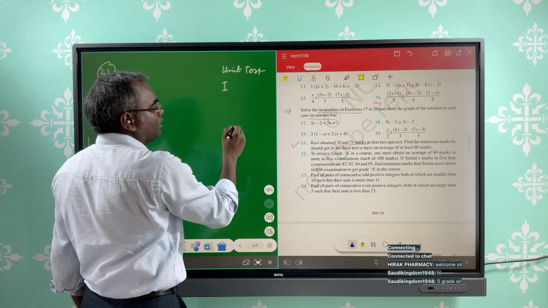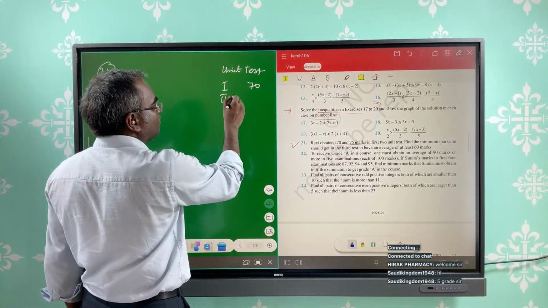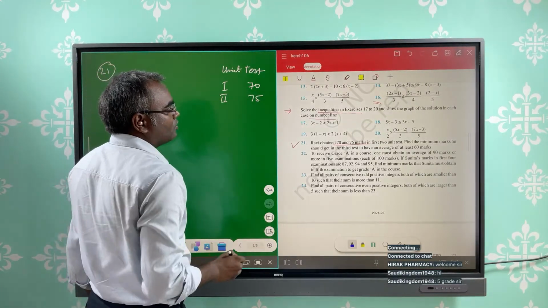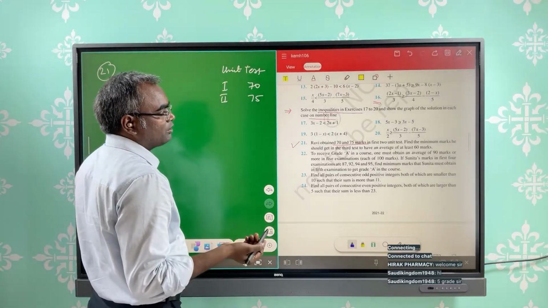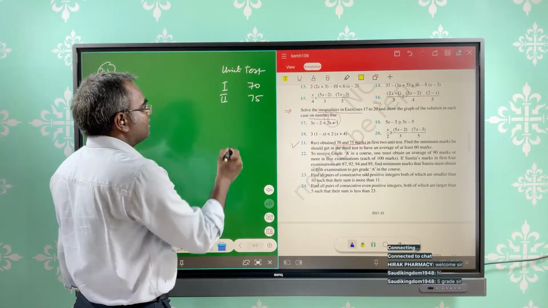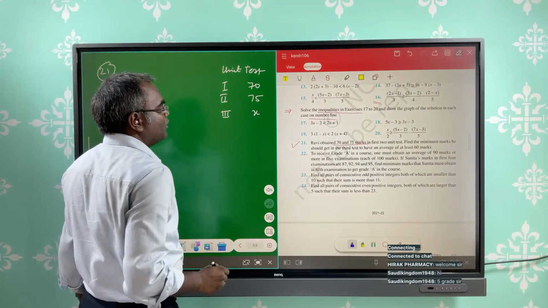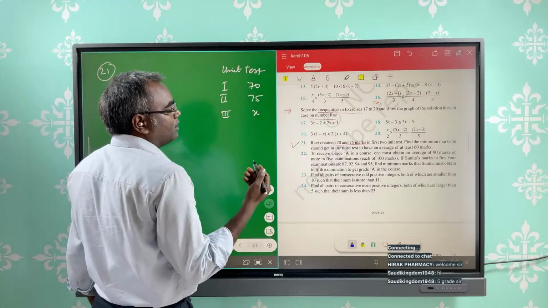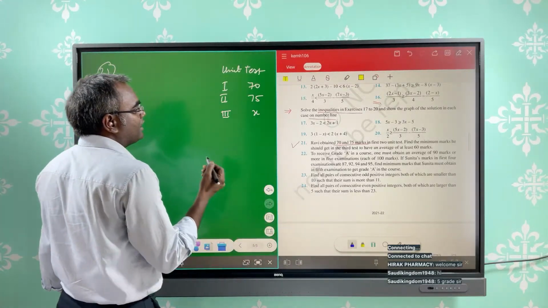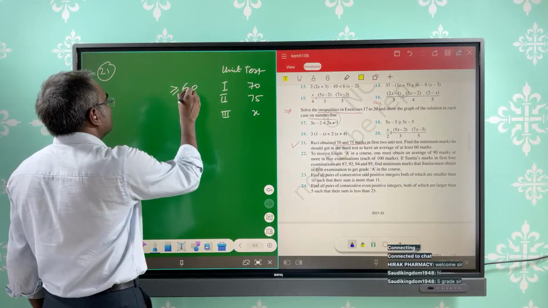In unit test 1 he got 70 and in unit test 2 he got 75. What will be the minimum marks he should get in the third test? Let it be x, so that he could have an average of at least 60 marks.